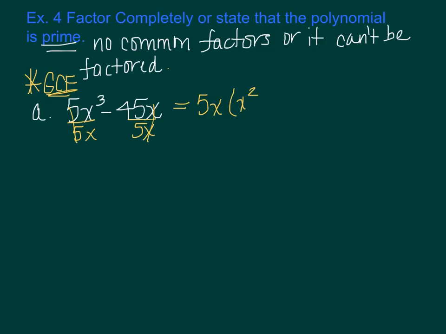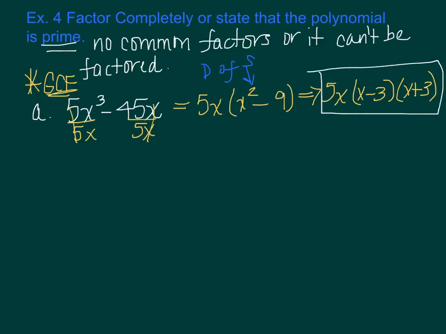The x's divide evenly, minus 9. Then this is difference of squares. So I have to go further and make that x minus 3, x plus 3. And that's factored completely.